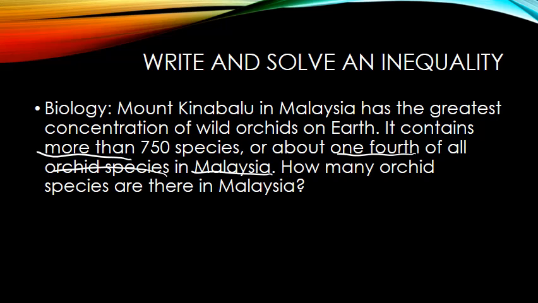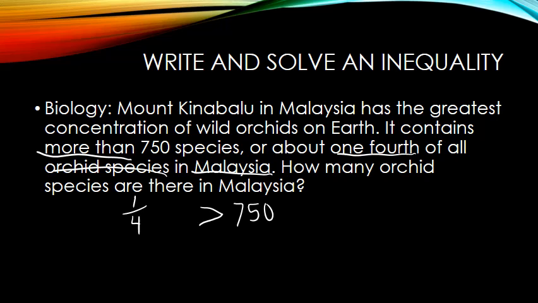Okay, so Mount Kinabalu contains more than 750 species. So we could say, let's start right here. We got greater than. And they've got 1/4 of all the wild orchids.